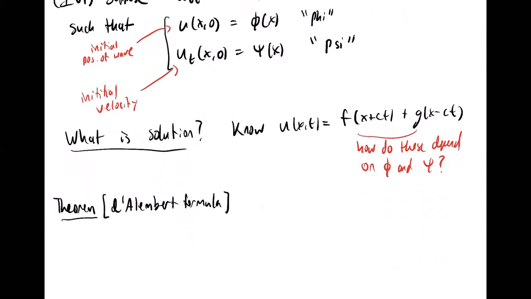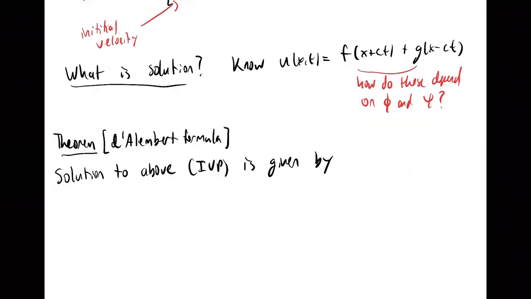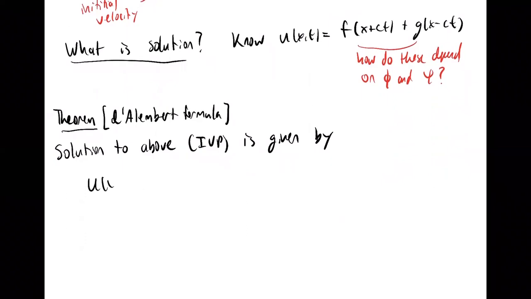So the theorem is that the solution to the above initial value problem is given by u of x,t equals: I have a certain term that corresponds to phi, to the initial position, and this term is 1/2 times phi of x plus ct minus phi of x minus ct. And then I have another term which corresponds to the initial velocity, or to this function psi.